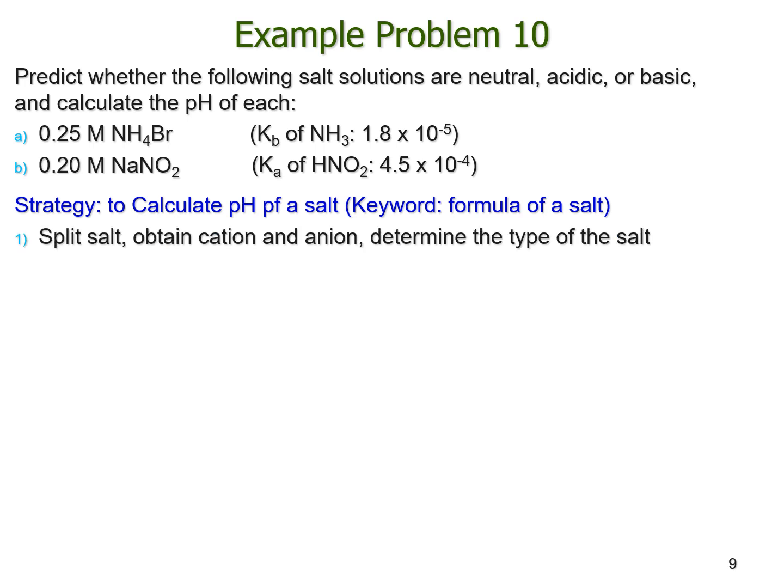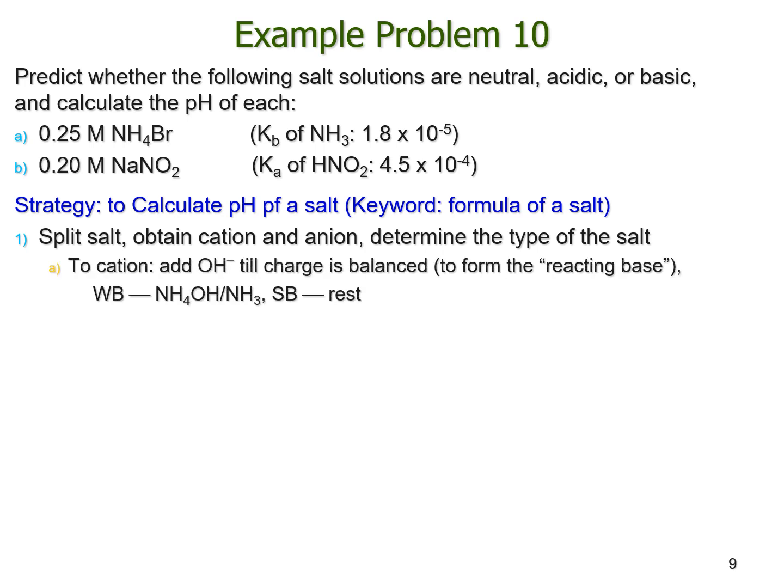All right, once we realize that both our compounds here are salts, here is the unique approach for the first two steps. Split the salt, so we know what the cation and anion are. Once we have the cation and anion, we determine what type of salt this one is by adding H plus or OH minus.